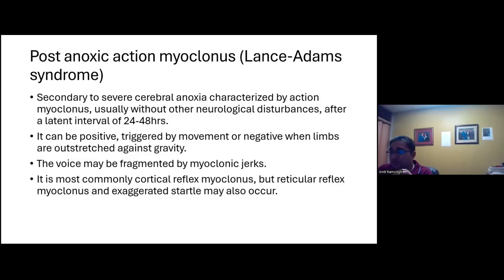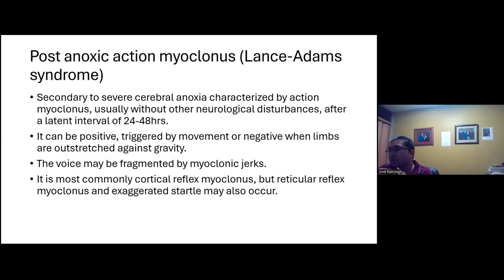It could be positive and triggered by movement, or it could be negative when the limbs are outstretched against gravity. It is most commonly a cortical reflex type myoclonus, but reticular reflex myoclonus and exaggerated startle may also occur. Why this is important is because it's actually a prognostic factor in patients with severe traumatic brain injury. The presence of this type of myoclonus indicates a poor prognosis.